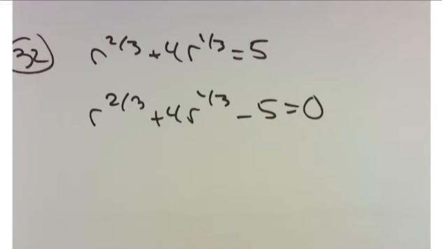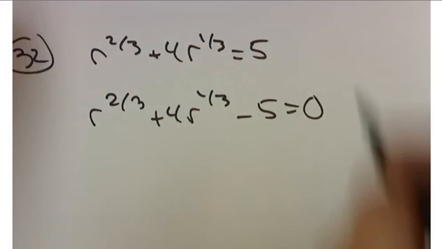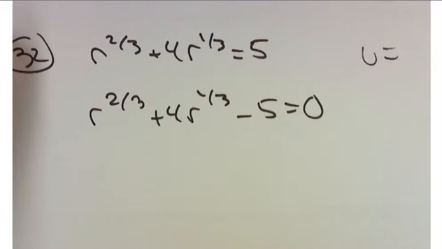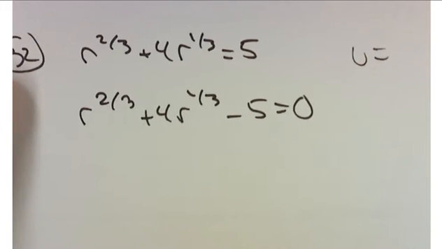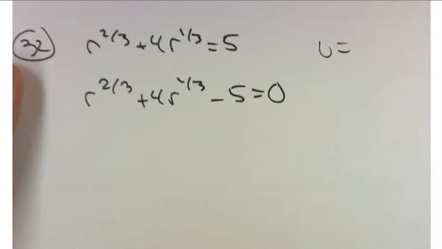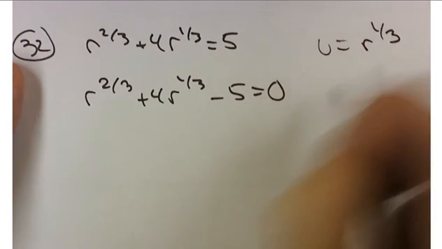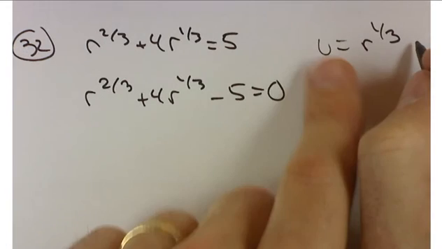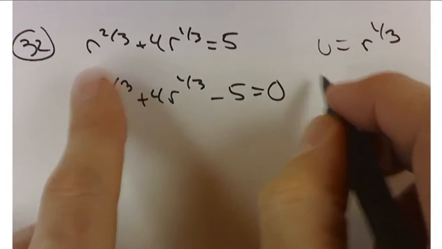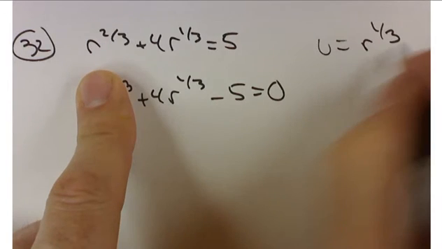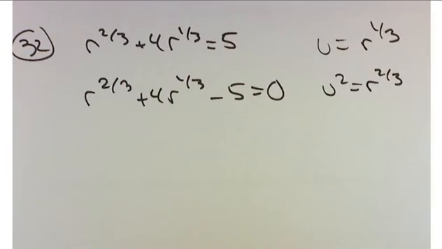All right, good. We're going to make a U-substitution. Amanda, what should we let U equal? R to the 1/3. Yeah. Now automatically, if U equals R to the 1/3, because this is quadratic in form, then U squared is going to be R to the 2/3. That happens automatically. So let's rewrite our equation.